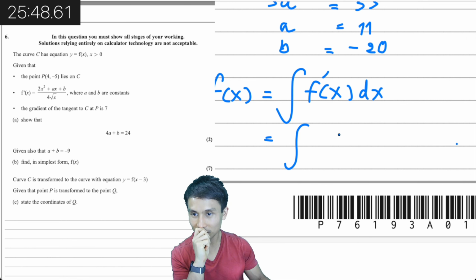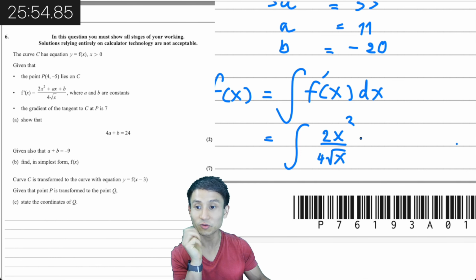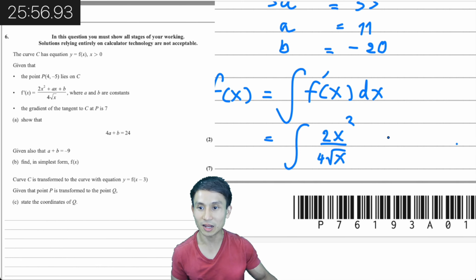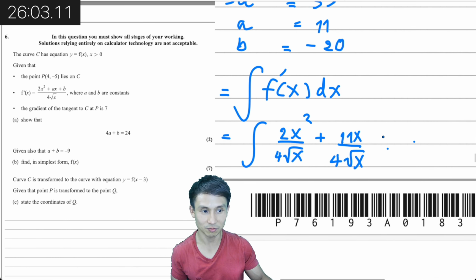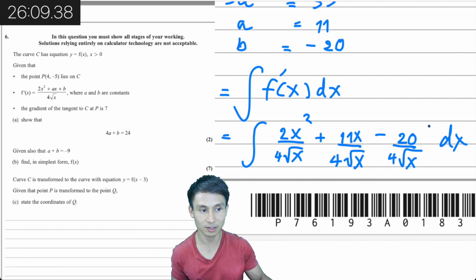So it's 2x squared over 4 root x. I'm just going to split the fraction into partial fractions. a is 11, so we plus 11x divided by 4 root x as well. And b is minus 20, so we minus 20 divided by 4 root x, the x here, brackets.